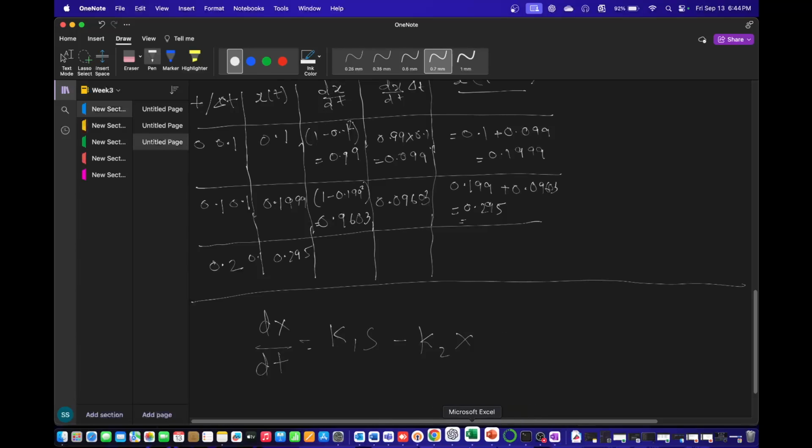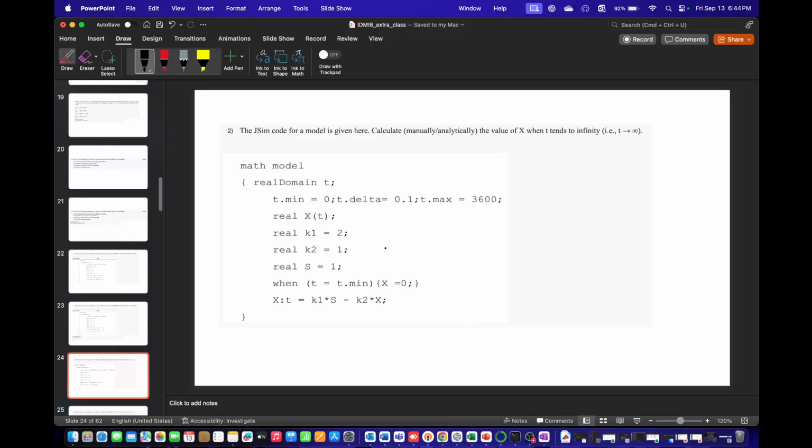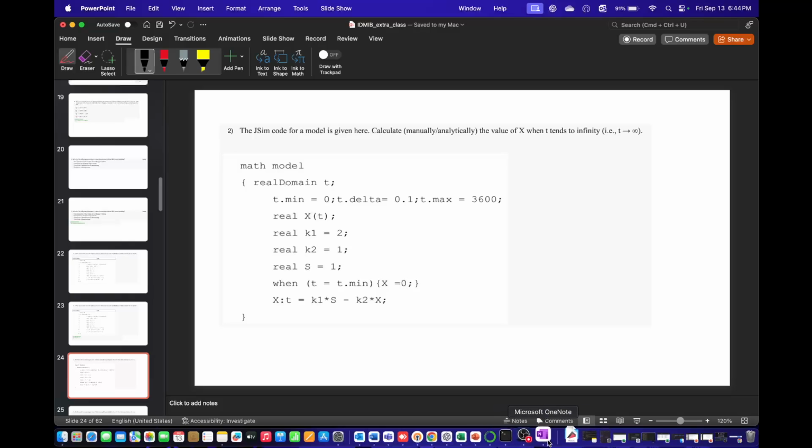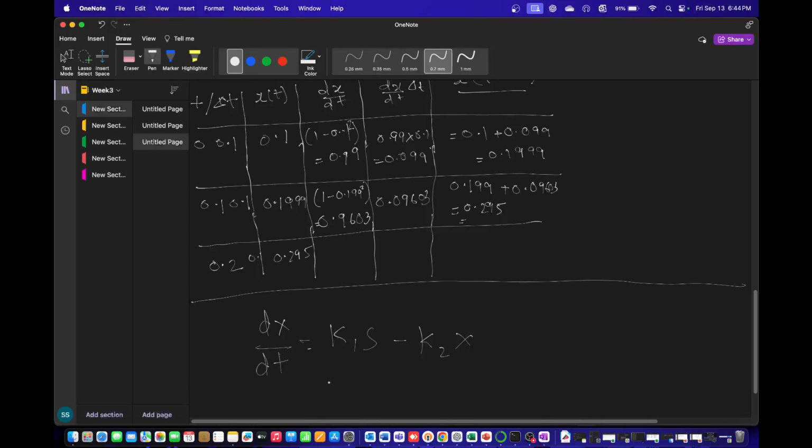The values of k1, k2 and s are given: k1 equal to 2, k2 equal to 1 and s equal to 1. So this becomes 2 minus x.